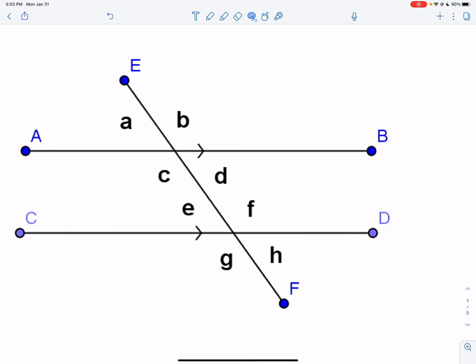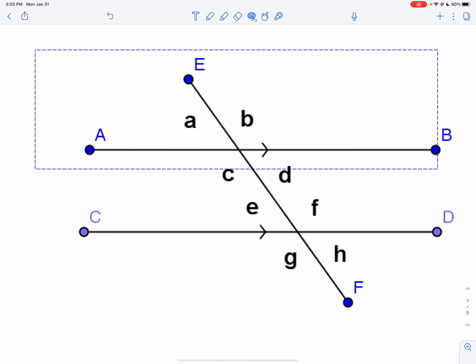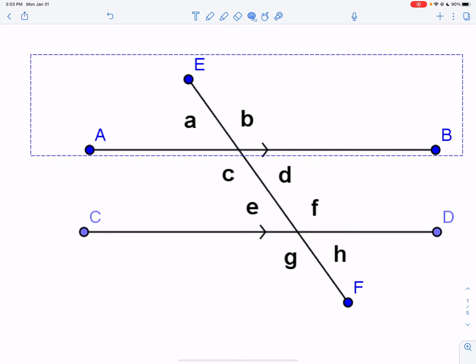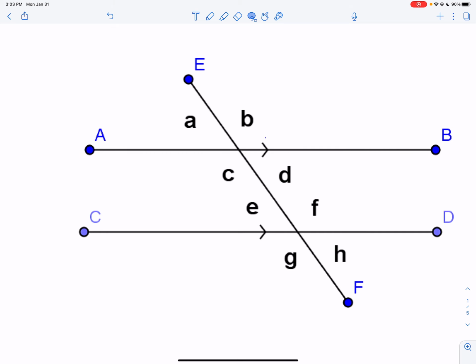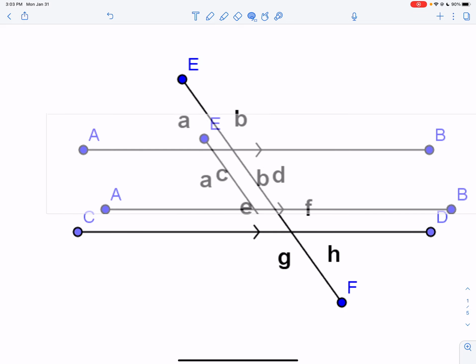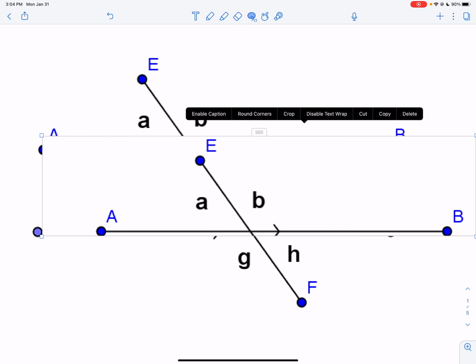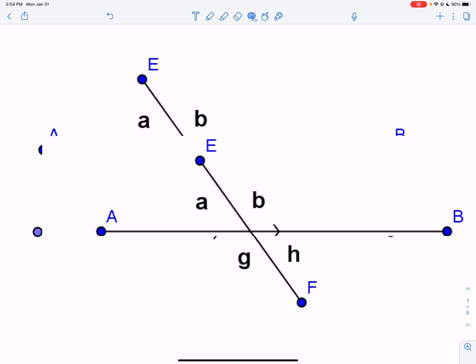Now, we can see this a little bit better for the exterior ones if we were to collapse that interior. Watch what happens when we collapse the interior. I want to do this because it's really cool. I want to keep the line the same and have the transversal be the same. But look at that.